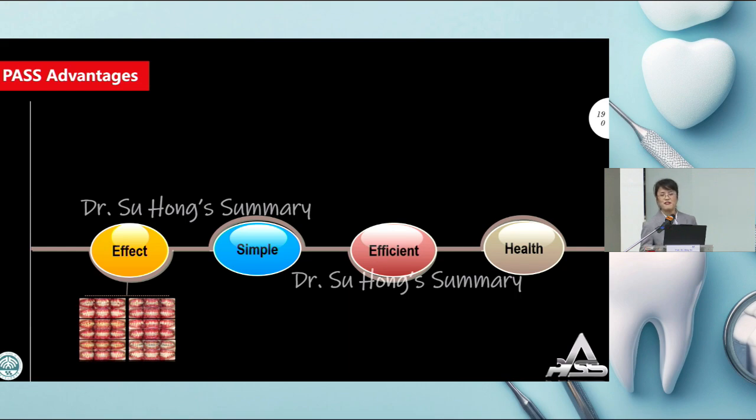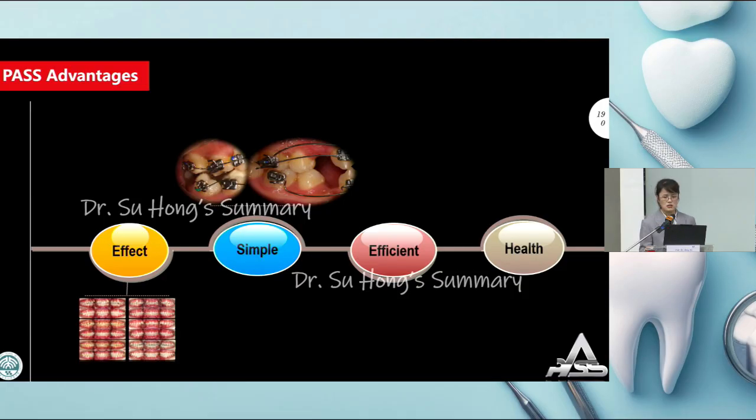We can keep the functional occlusal plane and make a better occlusion. So PASS equals effect. We also almost depend on no other auxiliary attachments such as mini screws, headgears, or lingual arches. So PASS equals simple.